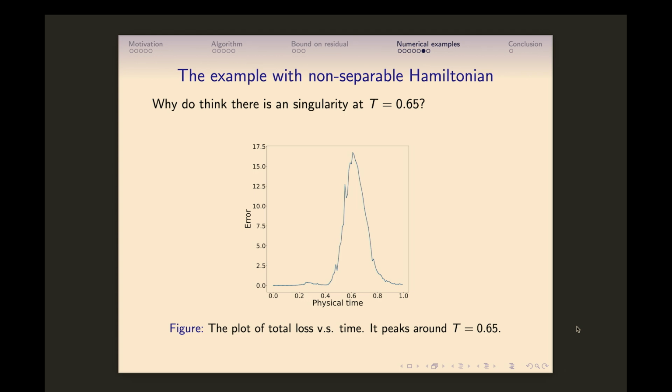This is the reason why we think that at the peak time there must be a singularity, because the theory that I presented has a lot of assumptions I didn't read, and those assumptions have regularity requirements on the solution. If you have a singularity, you don't have those, so the theory fails in that way. But after passing the singularity, the solution seems to come back, which is kind of strange.